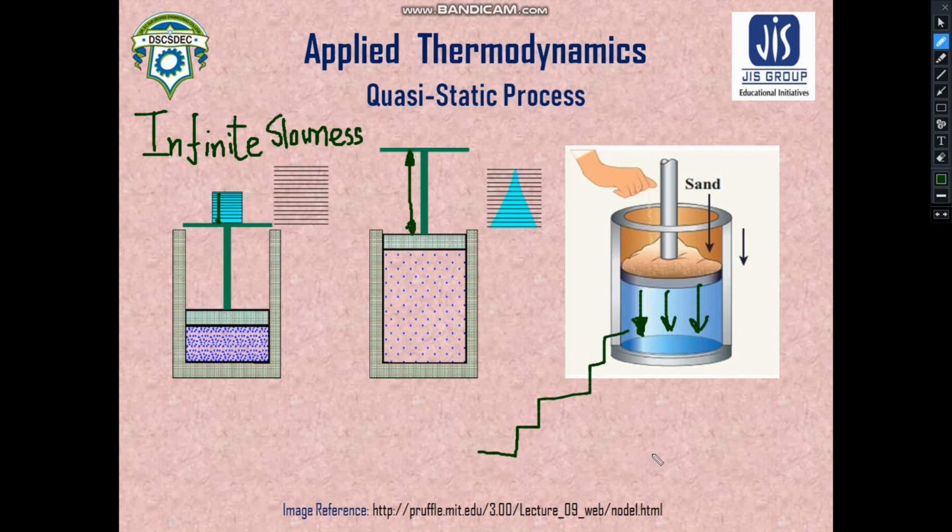Suppose this is the fifth floor where you live, and this is the ground floor.